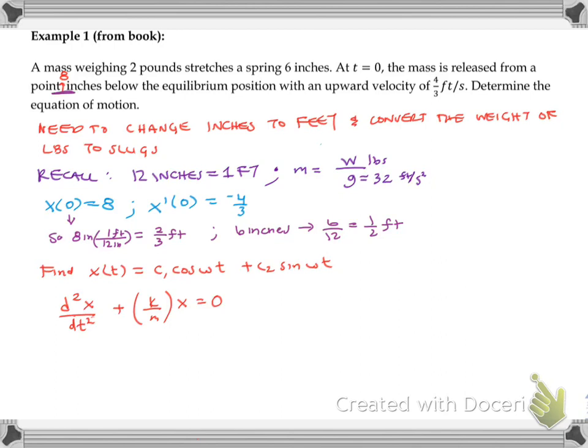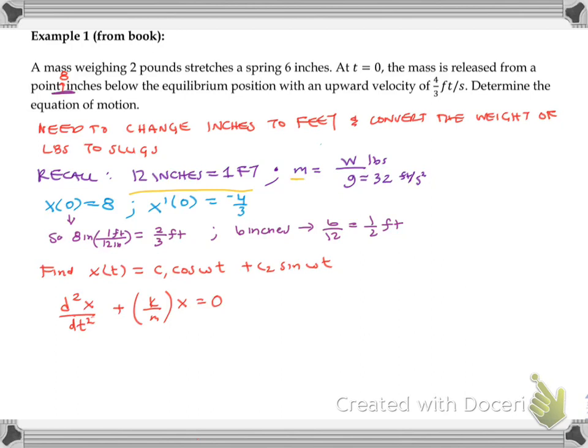Okay, and so since this is an engineering problem, we need to change our systems of units. So we're going to need to change inches to feet and convert the weight of pounds to slugs. Recall, you should already know that 12 inches is a foot and weight equals mass times acceleration due to gravity.